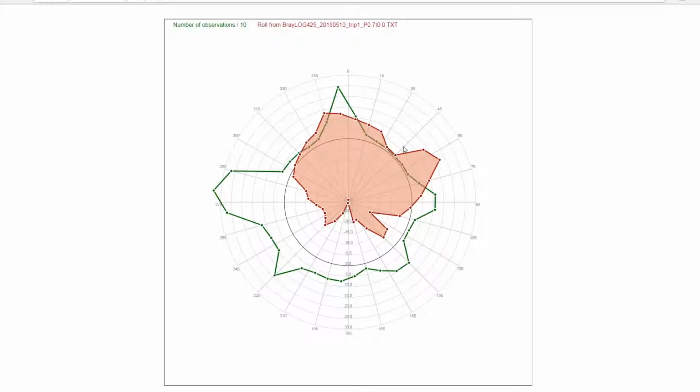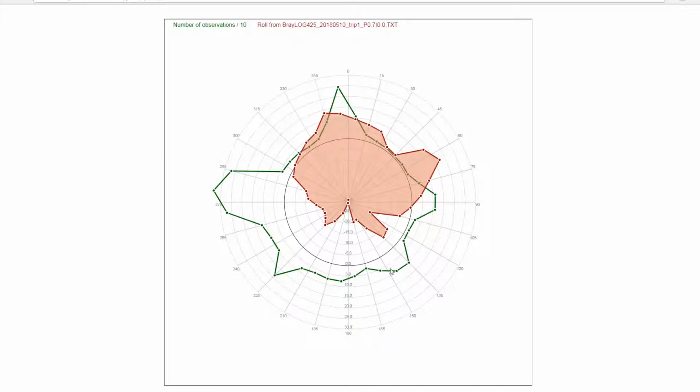So for example, if we look at this point here, for angles between 70 and 80, the average roll angle was shown by the radius of this line on this scale here, which goes from minus 30 degrees, that's 30 degrees roll to port, to plus 30 degrees, which is 30 degrees roll to starboard.